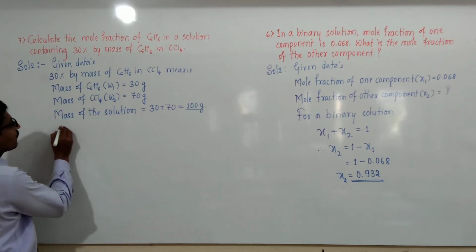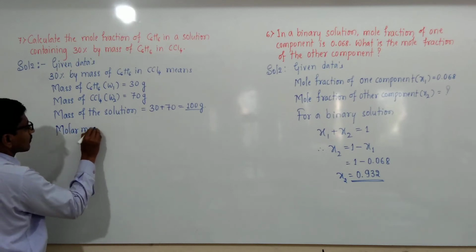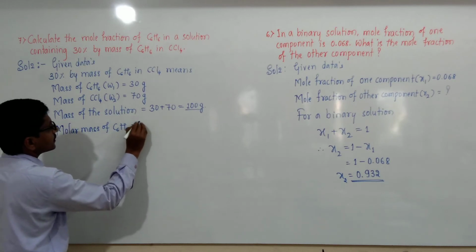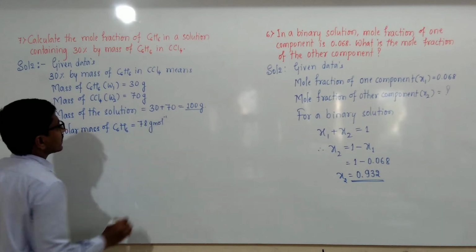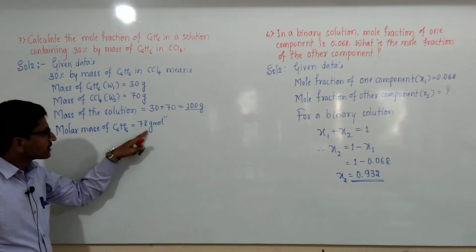Molar mass of C6H6 is 78 gram per mole. 78 means 12 into 6, 72, plus 6, 78.